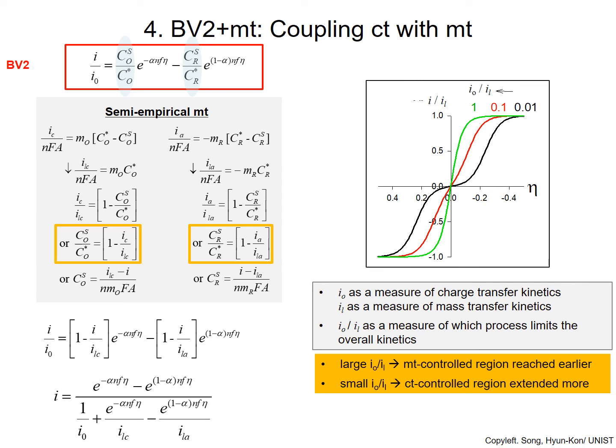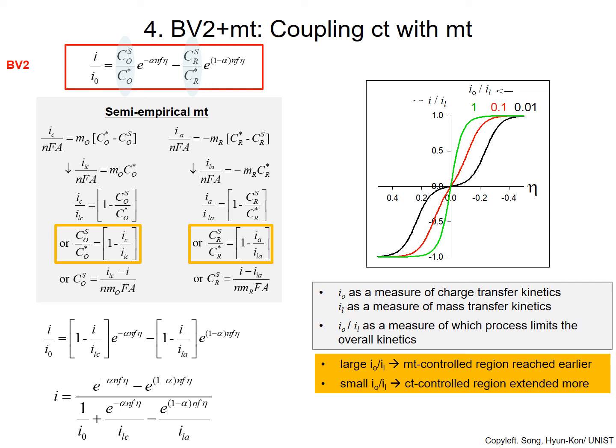And in the third region, you could meet the mass transfer limited situation because we have very high overpotentials applied to the system. Therefore, the charge transfer kinetic capability exceeds the kinetic capability of mass transfer.